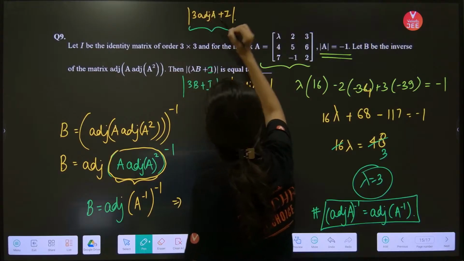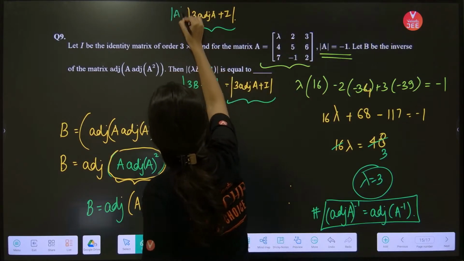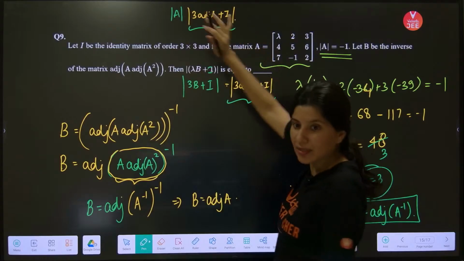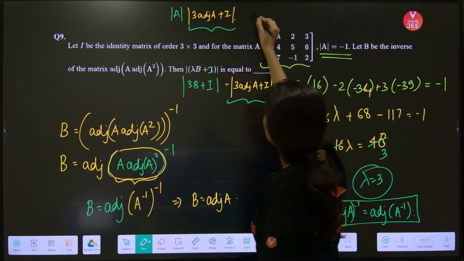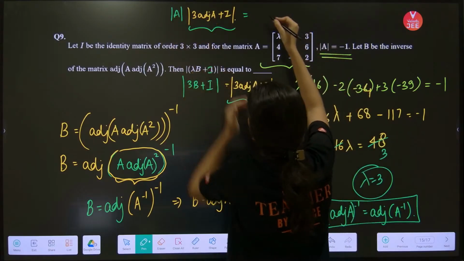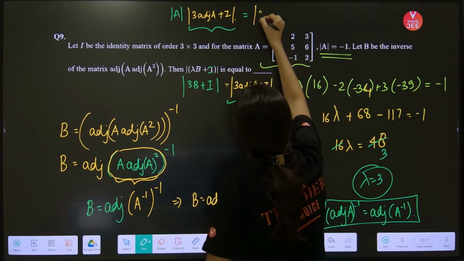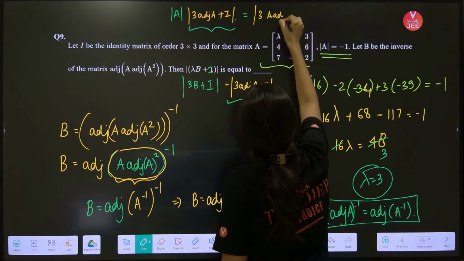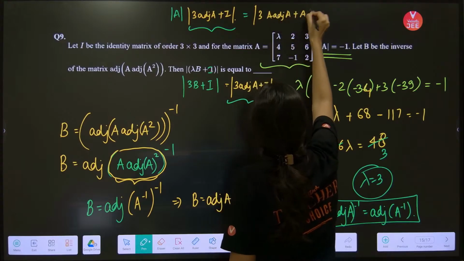Now I am going to multiply determinant A on both sides. So this is going to be 3A adjoint A plus A. Correct or not?